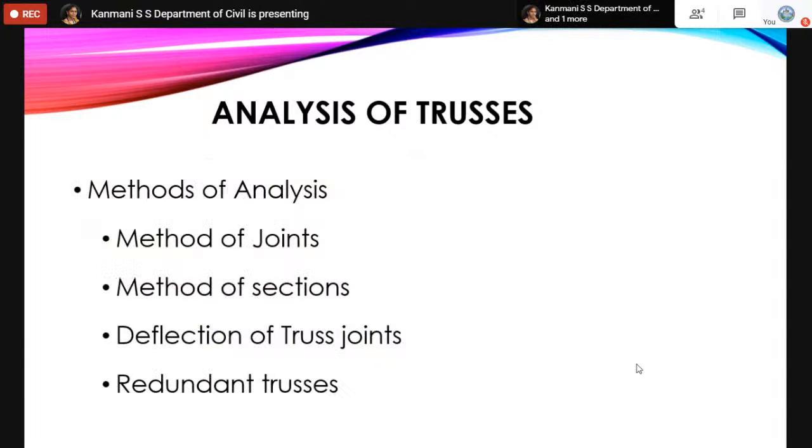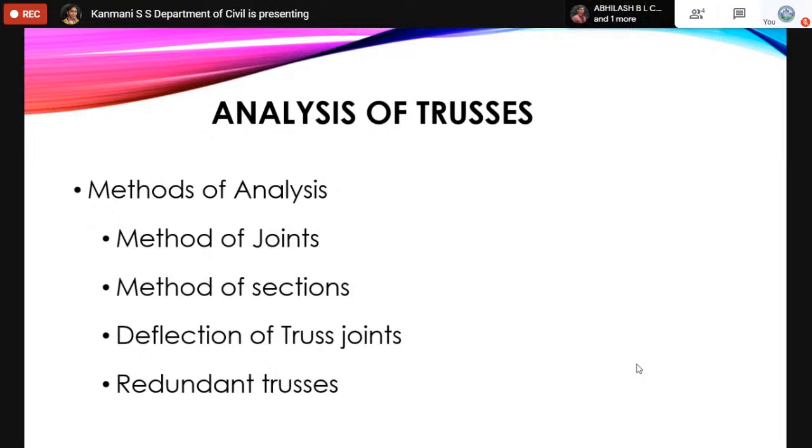So moving on, after knowing these basic concepts, we will move on to the analysis of trusses. Truss analysis is done by 4 different methods. The first one is to know the member forces, especially in determinate structures. When we have a determinate structure, we have 2 different methods to solve. One is method of joints, another one is method of sections.